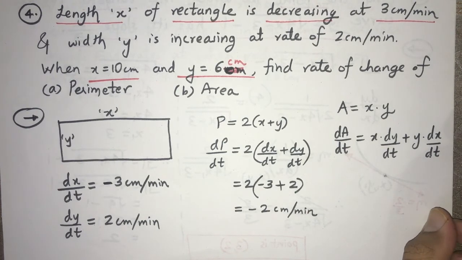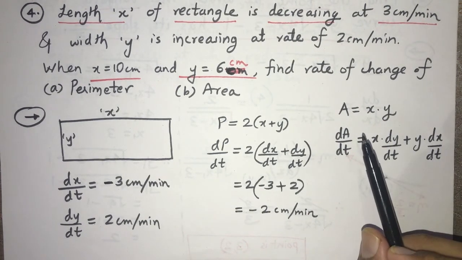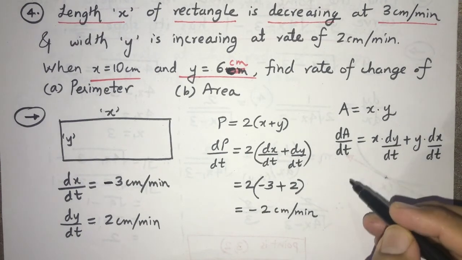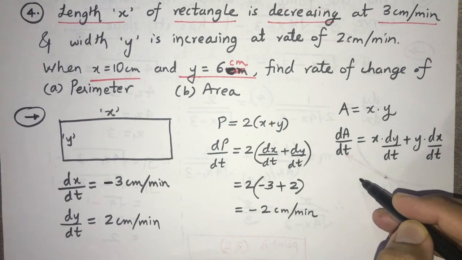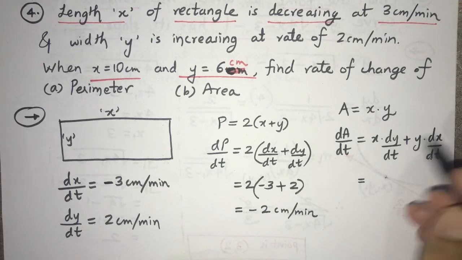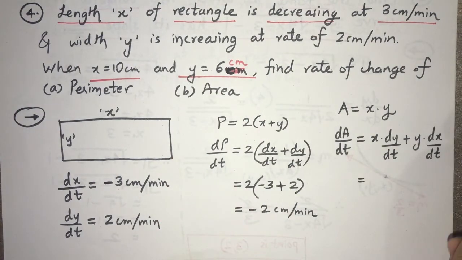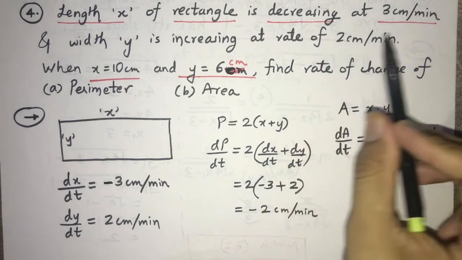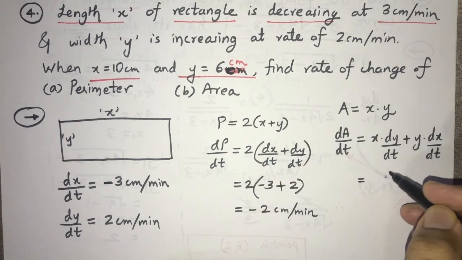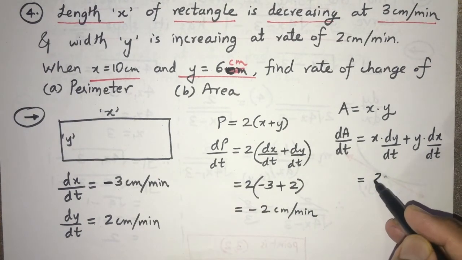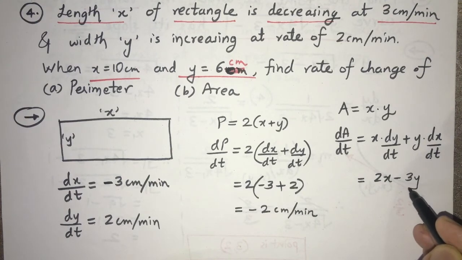The values they have given, dy by dt and dx by dt, are constants. The length is decreasing at a constant rate of 3 centimeters per minute. So dx by dt is -3, dy by dt is 2 centimeters, we will substitute them here. What we get is 2x minus 3y.